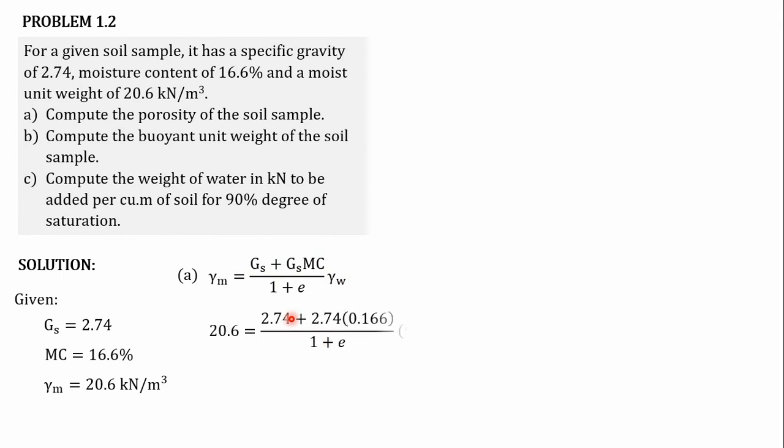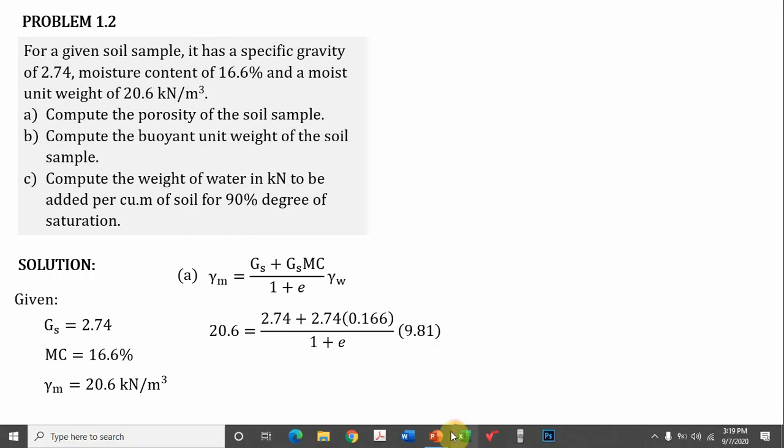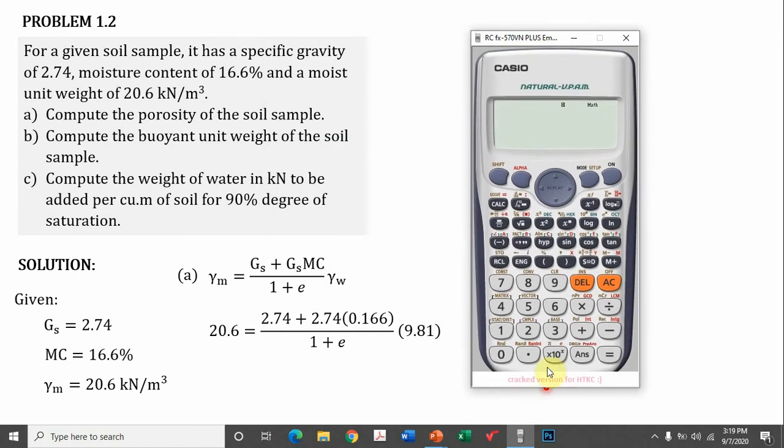So, 20.6 is equal to 2.74 plus 2.74 times 0.166, divided by 1 plus e, times 9.81. Solvein natin to. What is the value of void ratio?